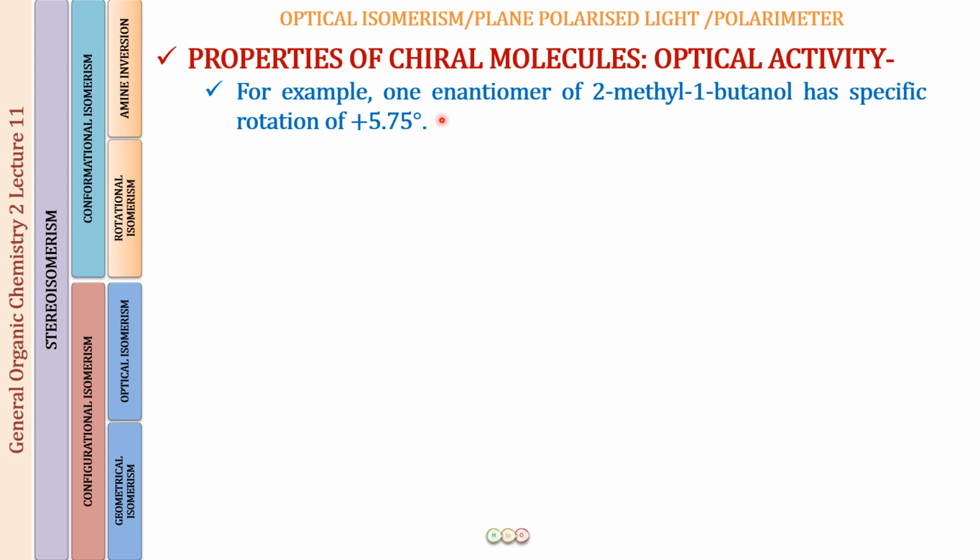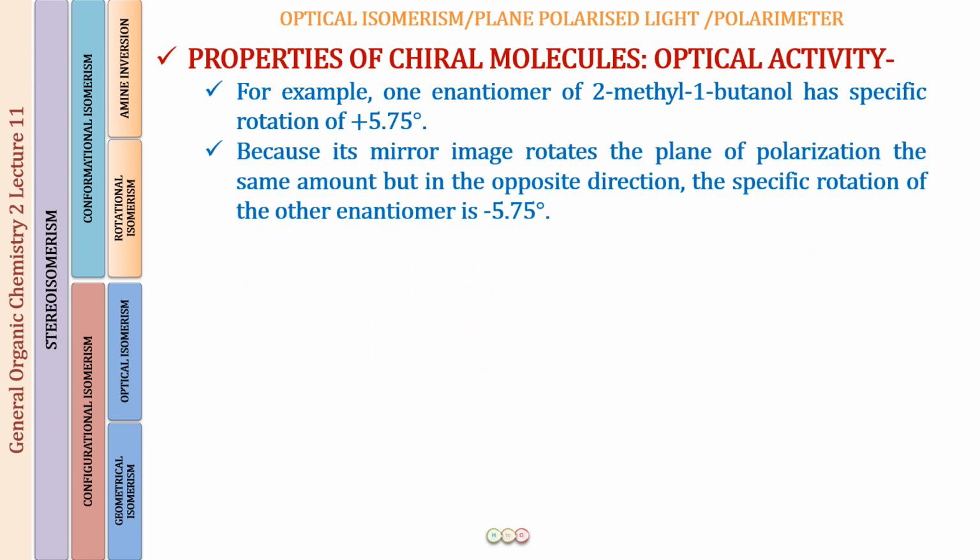So what this means is that whatever enantiomer you placed for this chiral compound is rotating the plane polarized light by an angle of 5.75 degrees towards the clockwise direction. And what about the other enantiomer? The other enantiomer, which is going to be its mirror image, is also going to rotate the plane of polarization by the same amount but in the opposite direction.